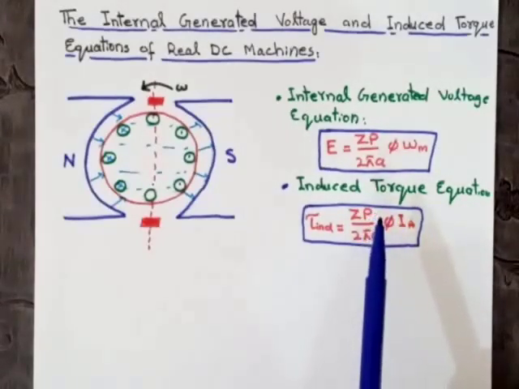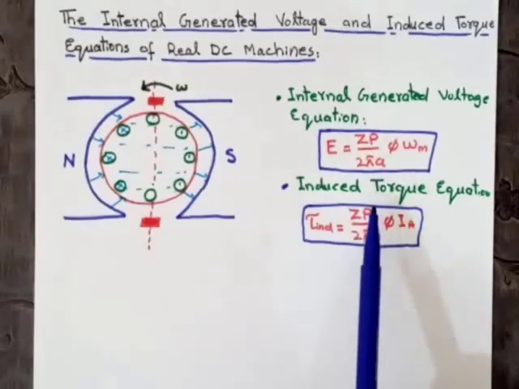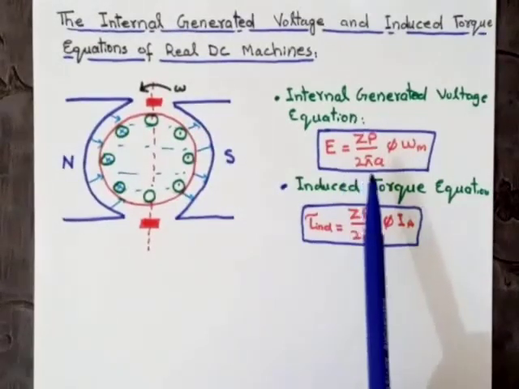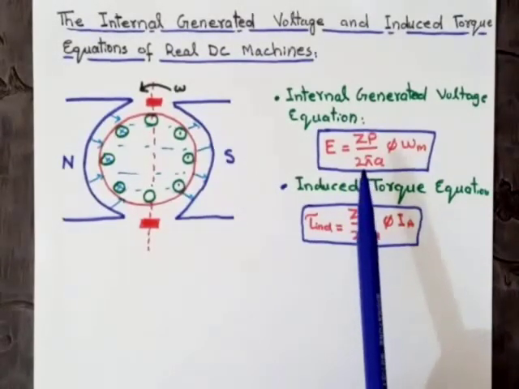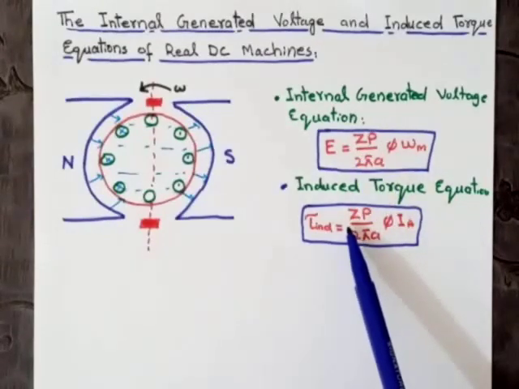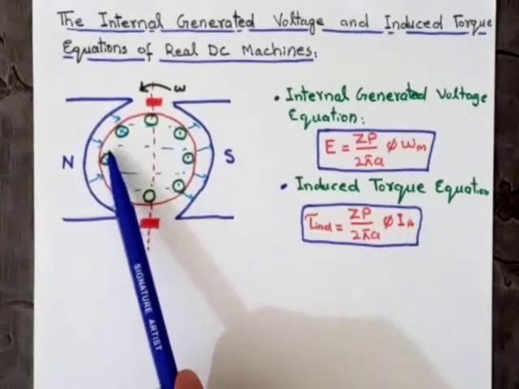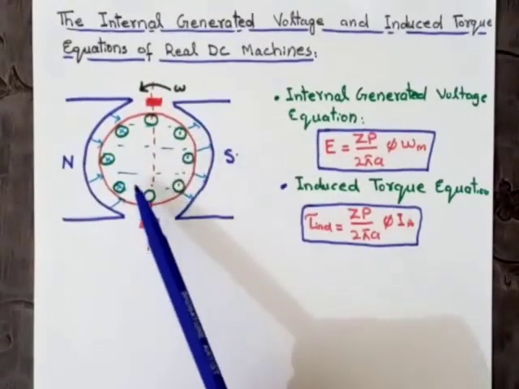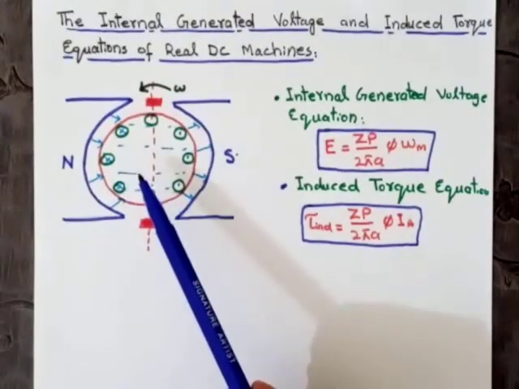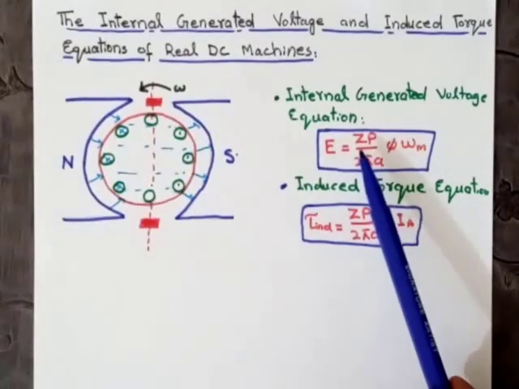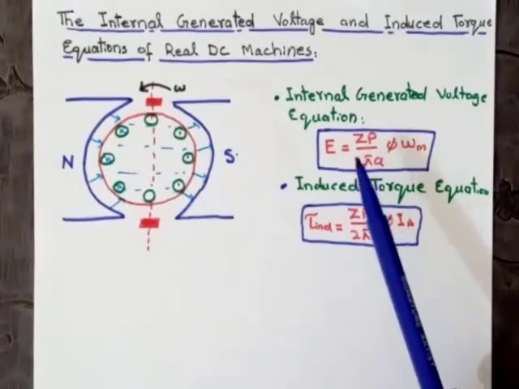To achieve greater accuracy, the number of conductors Z in this equation, the number of conductors under the pole faces, could be used instead of the total number of conductors.